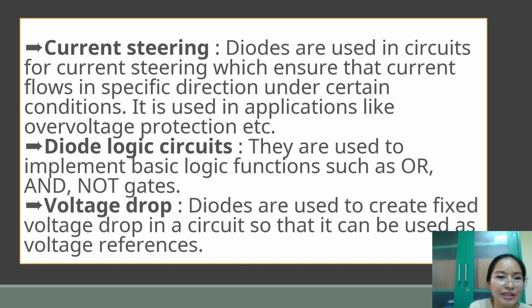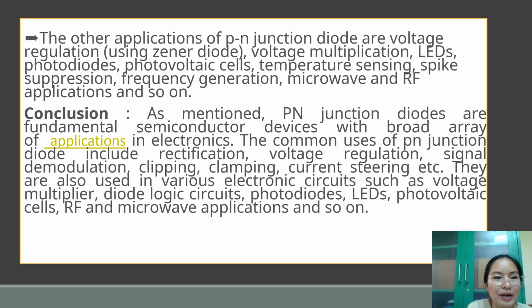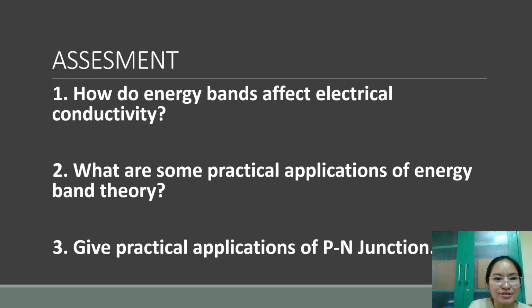Okay, you have more here: current steering, diode logic circuits, voltage drop. So, in conclusion, p-n junction diodes are fundamental semiconductor devices with a broad array of applications in electronics.